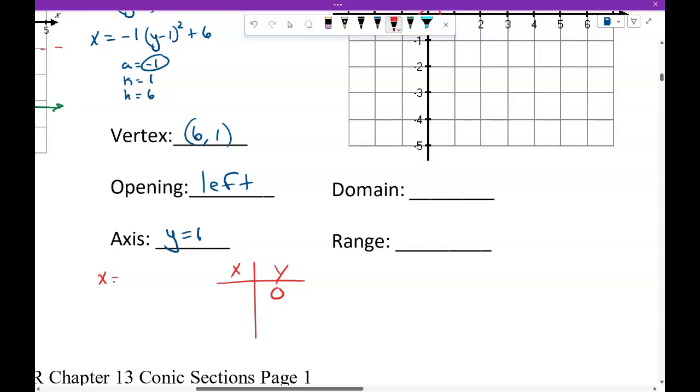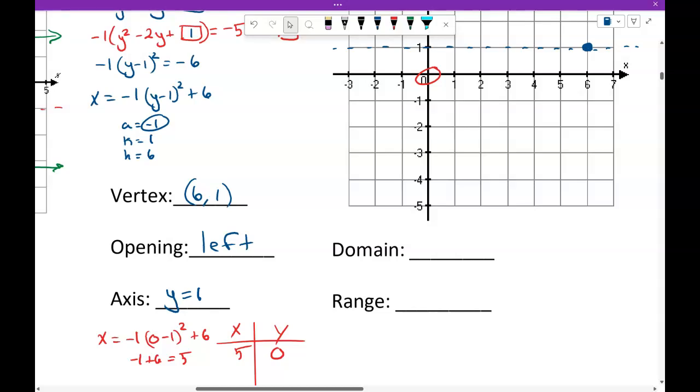If x equals negative 1, we have 0 minus 1 squared plus 6. So we're going to get negative 1 plus 6, which equals 5. So we have the point 5, 0. And then using the axis of symmetry, we get another point of 5, 2.